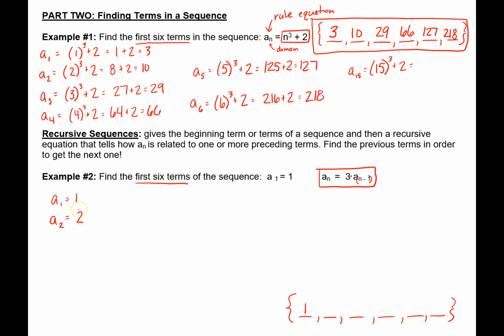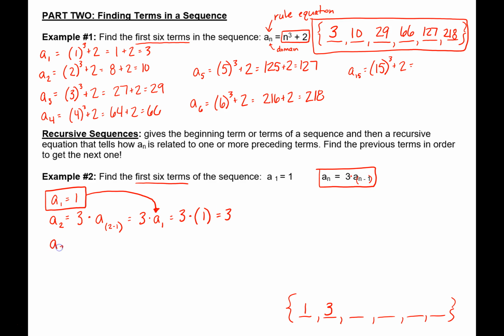I've got 3 times a sub, and my n was 2, so I'm going to plug in 2 minus 1 in the subscript there. So that subscript, 2 minus 1, is 1. That means I need to substitute in a sub 1 to this spot in order to find what a sub 2 is. I need to do 3 times a sub 1, and I just got told a sub 1 is 1, and that gives me a sub 2.